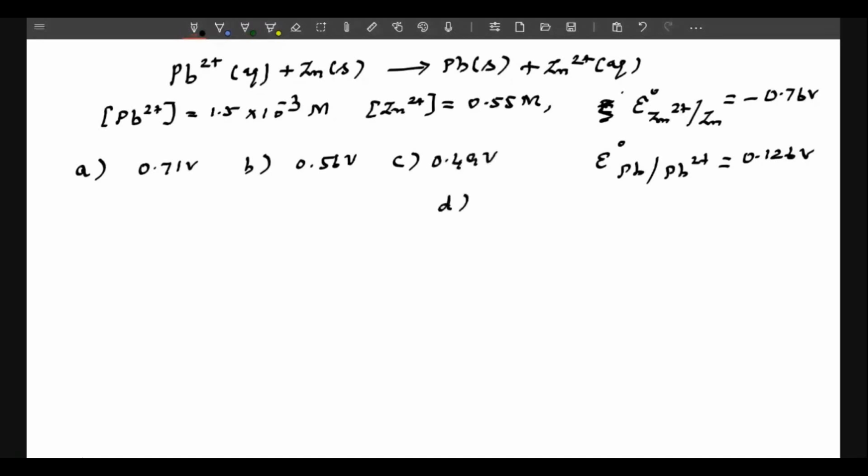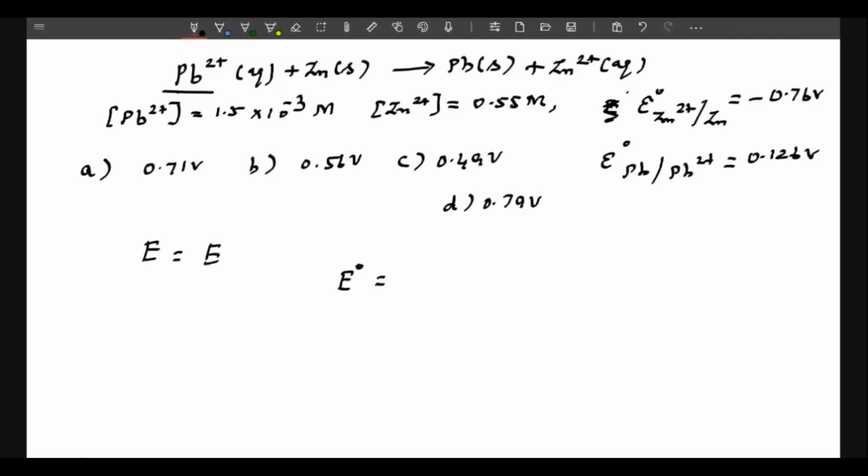Be careful. First you have to construct, you have to find out. E naught should be calculated, because you are asked to calculate E. It is not an electrode, it is a reaction. So for E asked, you should calculate E naught. E naught is not directly given.